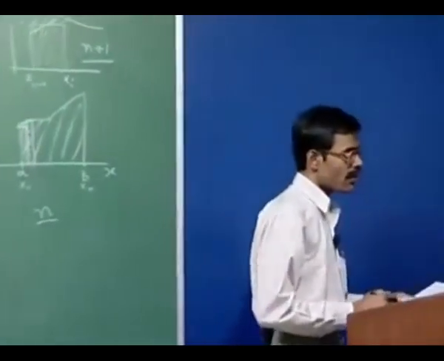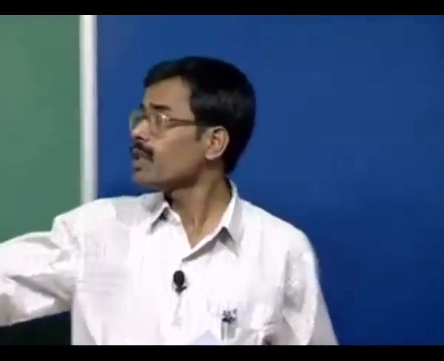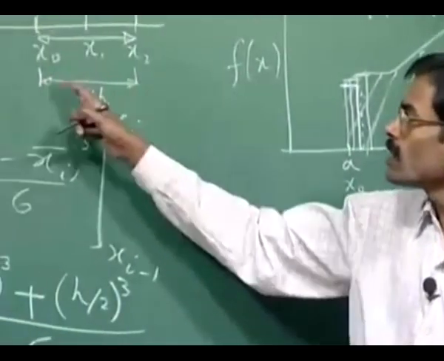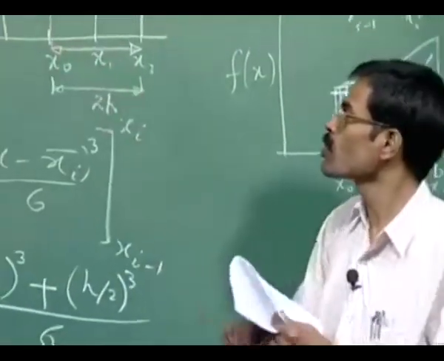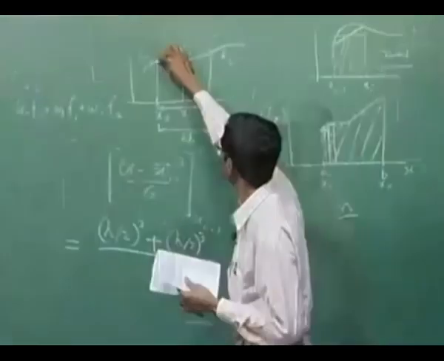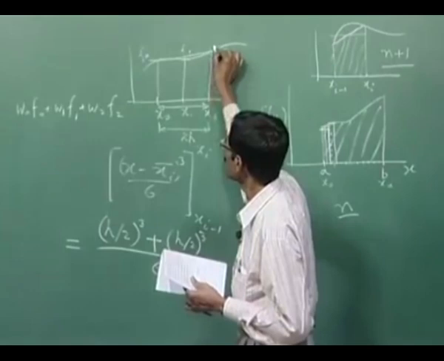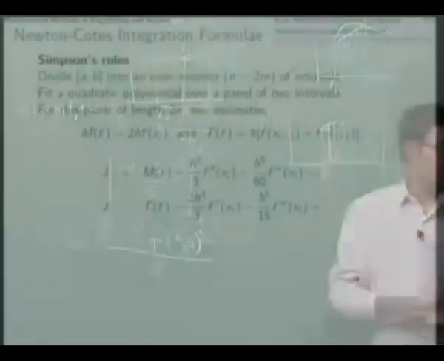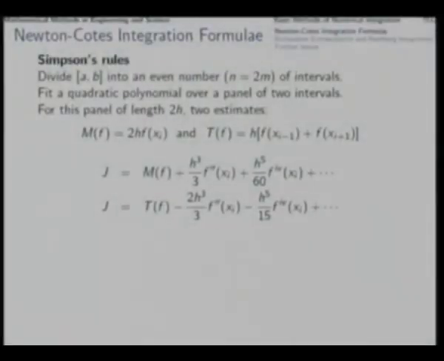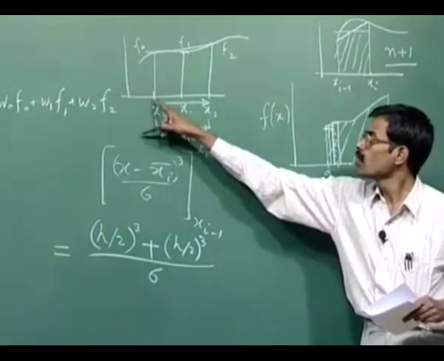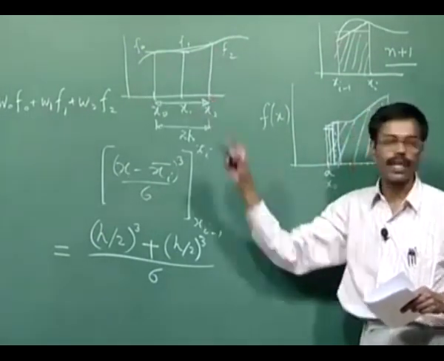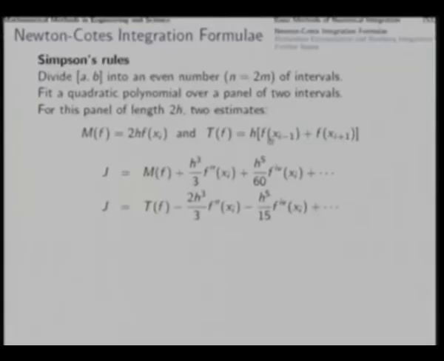Okay. So, over this entire interval of size 2h, if we use only trapezoidal rule over the entire interval together, then we get this trapezoidal area, and that is this. So, trapezoidal rule over this entire double interval will give us half into 2h into the sum of f0 and f2, that is this.